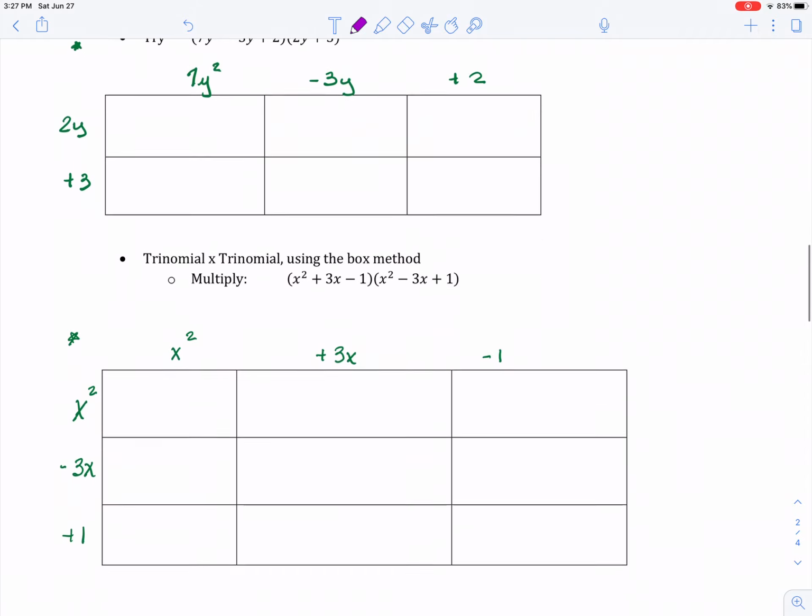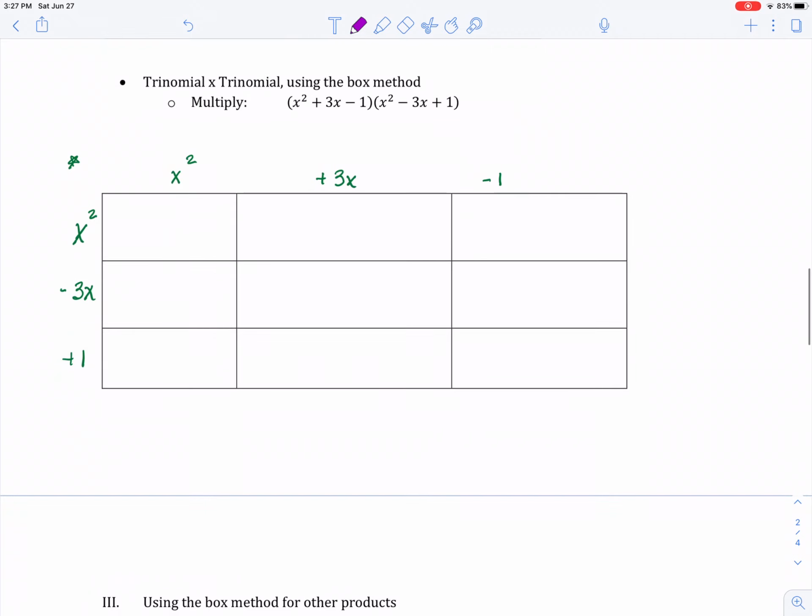Let's do this longer one here, because once you've seen one, I think you only need to see maybe one more. So I've taken one of the trinomials here. I've written it across the top of the box, and then the other trinomial I've written down the side on a vertical sort of plane here.